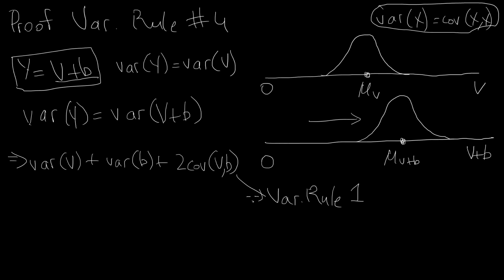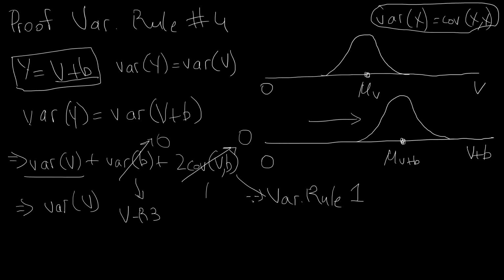Now all we're going to be left with is variance of v, that is this expression. Why? Because this is going to equal 0 because of variance rule number 3. Because remember, we have already shown that the variance of a constant is always equal to 0. And this is also going to equal 0 because of covariance rule number 3.